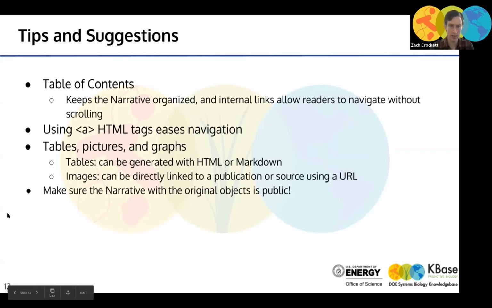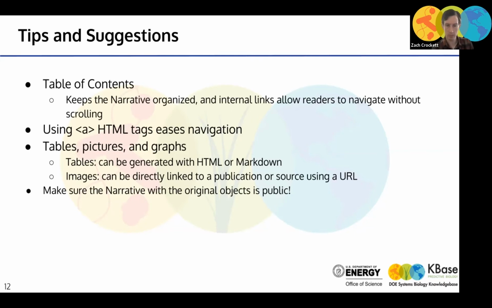Another thing I recommend adding is tables, pictures, and graphs to make it more informative. A lot of times, in the narratives that I've worked with users on, these are lifted from their publication associated with the narrative.